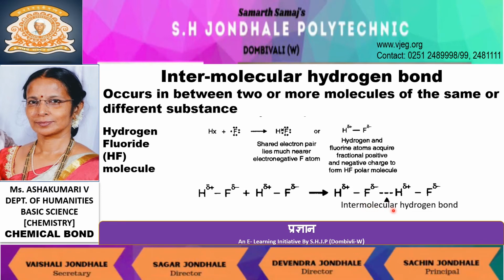This attractive force between the hydrogen atom of one molecule and the fluorine atom of the other leads to the formation of a weak bond known as hydrogen bond in general and intermolecular hydrogen bond in particular. It is also called a hydrogen bridge because the hydrogen atom acts as a bridge between two electronegative atoms. It is denoted by a dotted line.